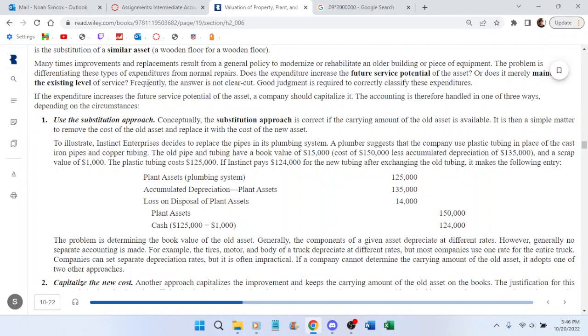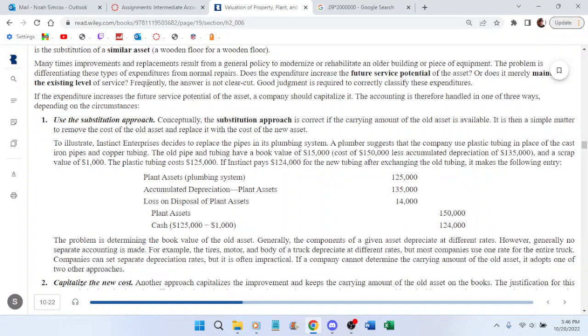They got $14,000. Well, that's straightforward. You take the book value, compare it to the fair value. Wait. No, they have a book value and they have a scrap value. Because it was worth $15,000. They received $1,000 for it. So they had a loss of $14,000.